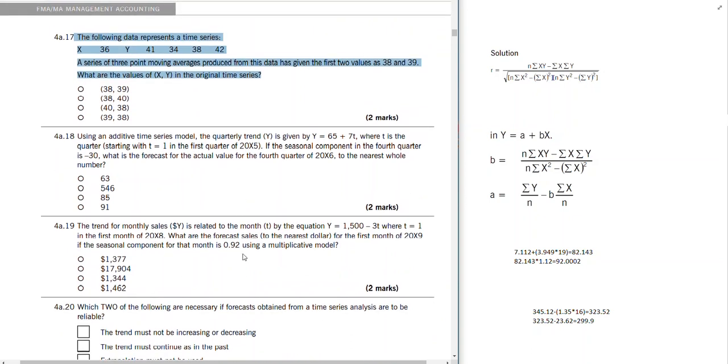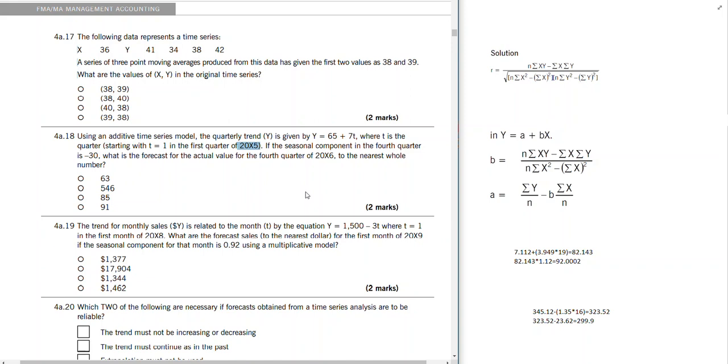What is the forecast for the actual value for the fourth quarter of 2016 to the nearest whole number? Using additive model, y is given y equals 6 plus 7t, where t is the quarter, t1 is the first quarter of 2015.